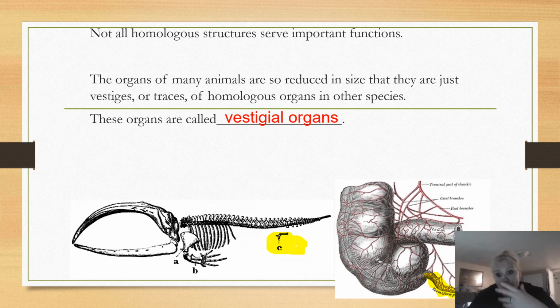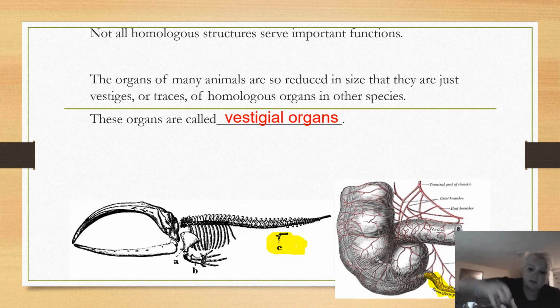Another vestigial organ you'd be more familiar with is what we call our tailbone, that last little bone in our butt area. We call it a tailbone for a reason, because it's thought that perhaps humans once had tails. We also know that during embryonic development, we do have a tail, and then it's what they call resorbed.